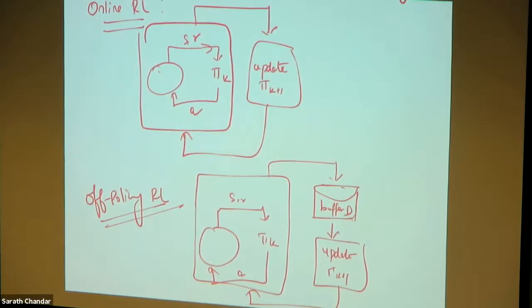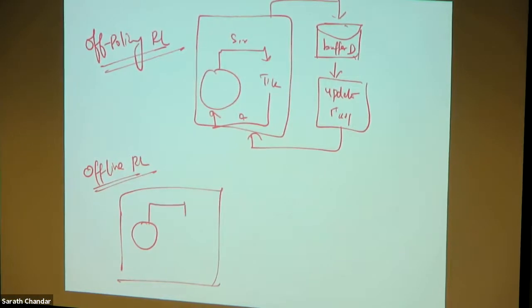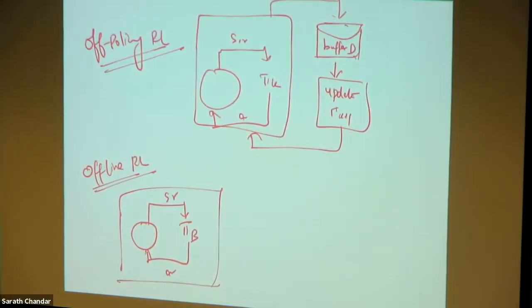Now, what do I mean by offline RL? When I say offline RL, it means that there is some interaction with the world that happened with some policy beta. Sometimes we might know what the policy is, sometimes we might not. This policy need not even be an artificial intelligent agent.